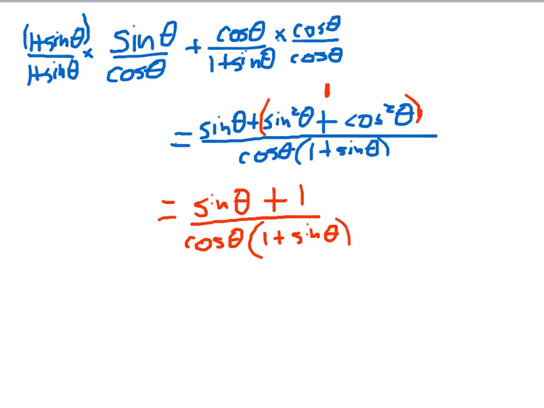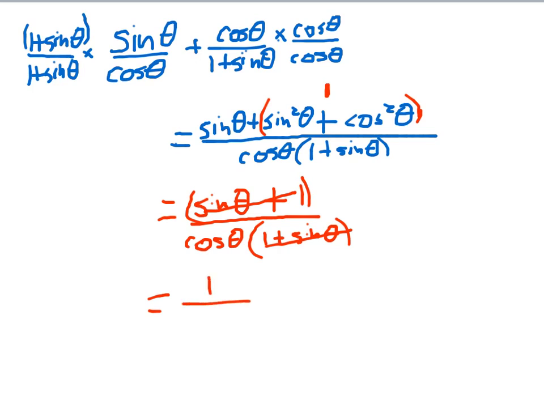And when you look at the top and bottom, can we cancel out that sine theta plus 1 with 1 plus sine theta? Absolutely. Order doesn't matter when you add. And so the commutative property says that those are equivalent. They're factors. They're multiplications. So absolutely. And so what are we left with after that cancellation?